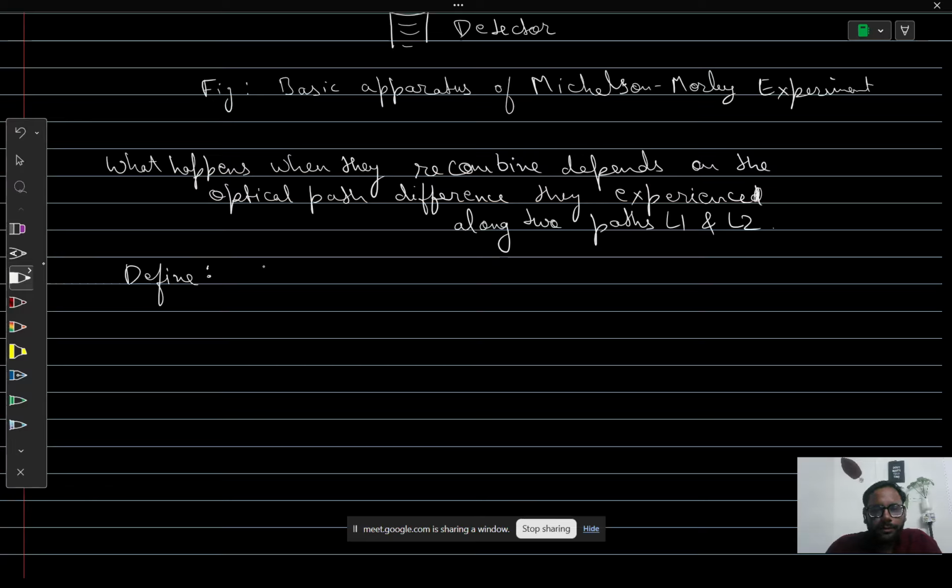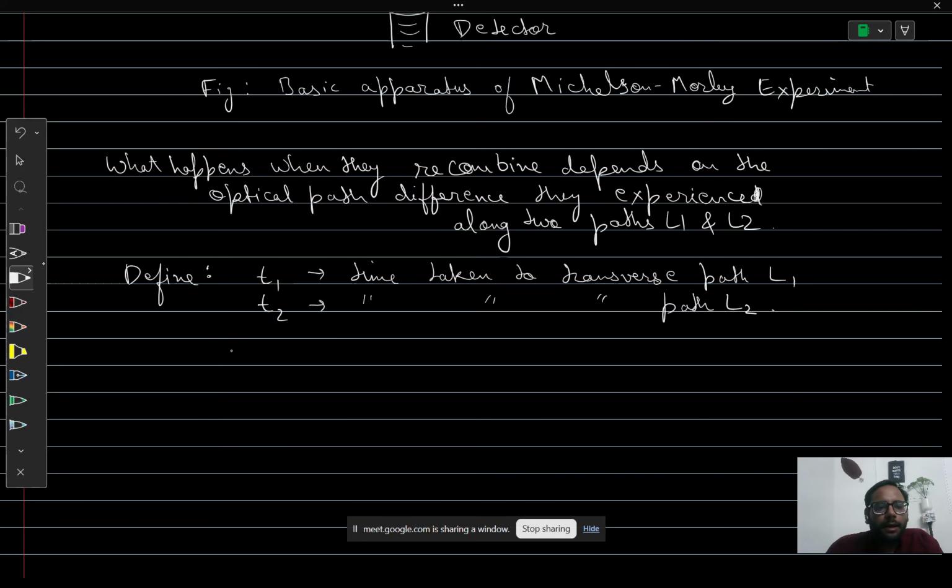Okay. Suppose T1 is the time taken to traverse path L1. And T2 is the time taken to traverse path L2.